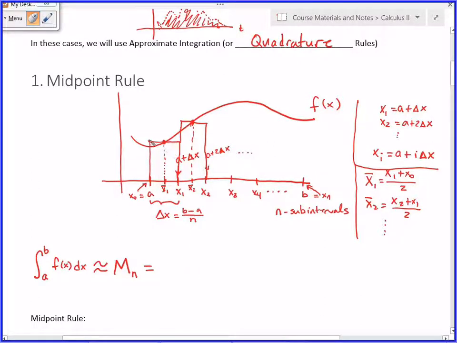So let's think about this first rectangle that I drew right there. What's the area of that rectangle? Length times width. It's delta x times the height, which is the function at x1 bar. So I have f of x1 bar times delta x. That's my first rectangle.